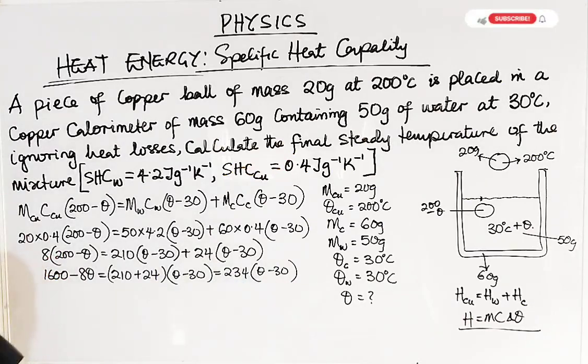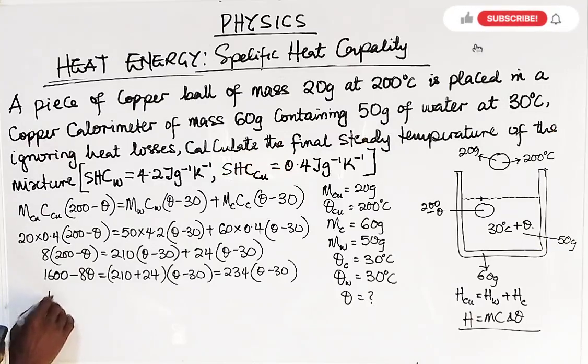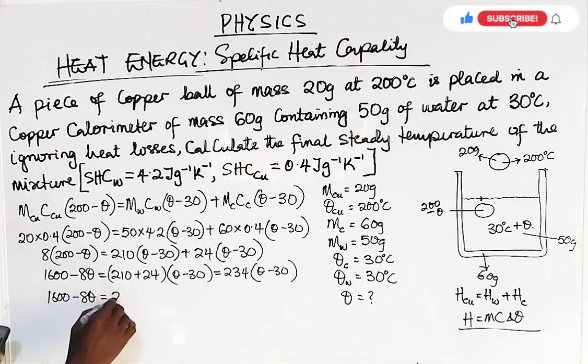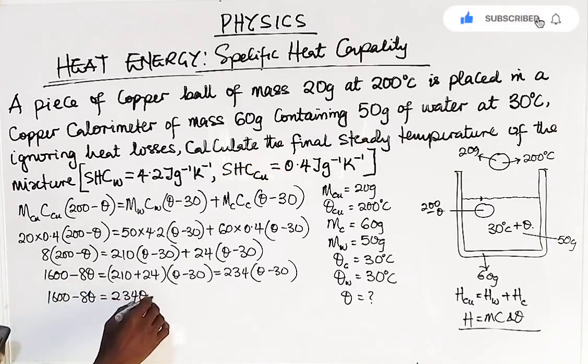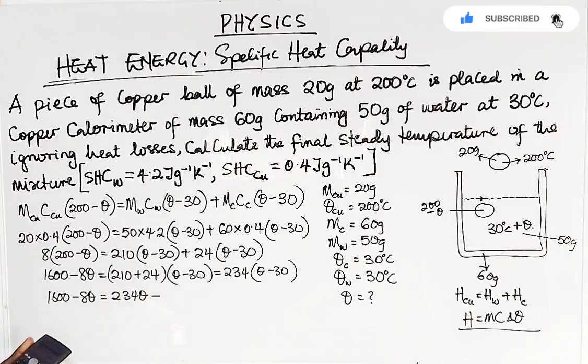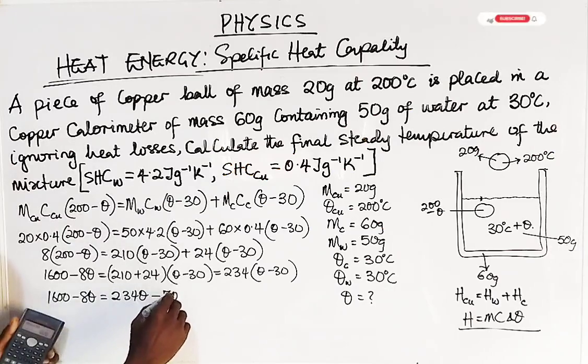Let us now open the bracket: 1600 minus 8 theta equals 234 theta minus 234 times 30, which gives us 7020.